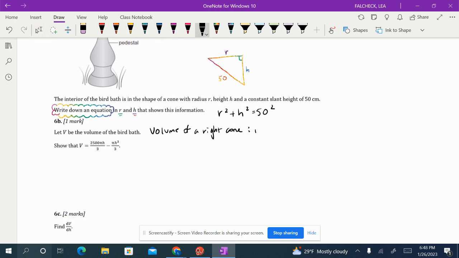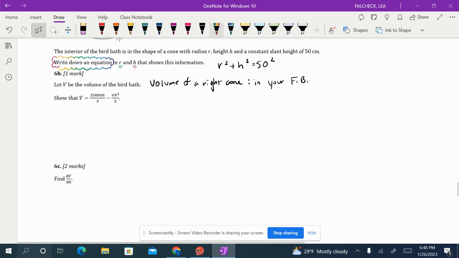That formula is in your formula booklet, and it's given as follows. The volume of a right cone is going to be 1/3 pi r squared times the height.